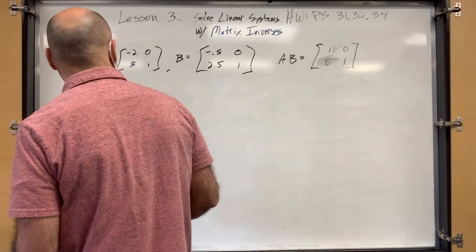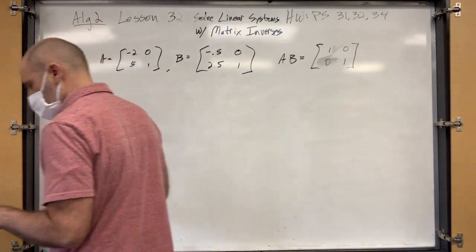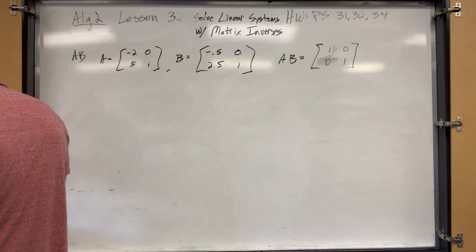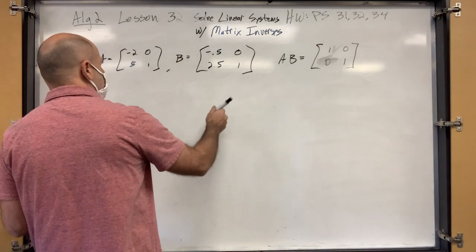Now this works, but it only works if it's commutative. So if I multiply B times A, then I would still get the same thing.